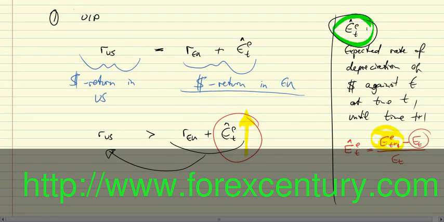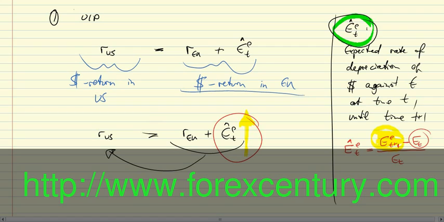So this is the crucial piece here, that we have static expectations, and against that expectation, a lower exchange rate today implies a higher future depreciation, which will lead to equality right here.